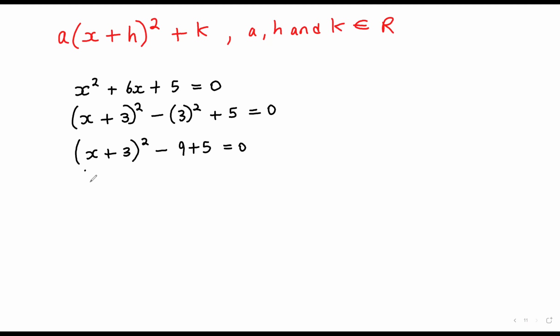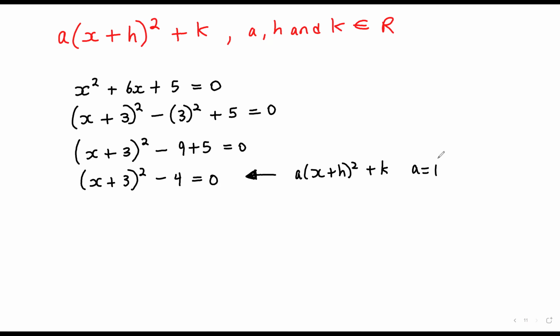So finally, it will be x plus 3 all to be squared minus 9 plus 5 is minus 4 equals 0. So at this point here, this quadratic is in the form a by x plus h all to be squared plus k, where a is equal to 1, right?